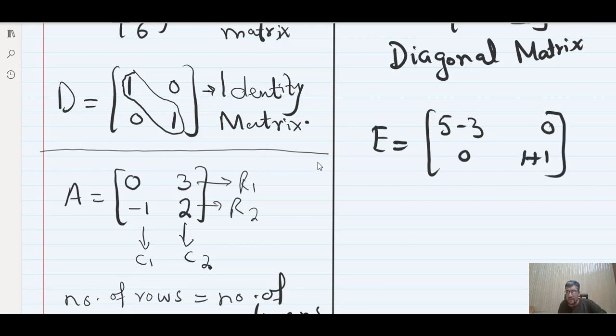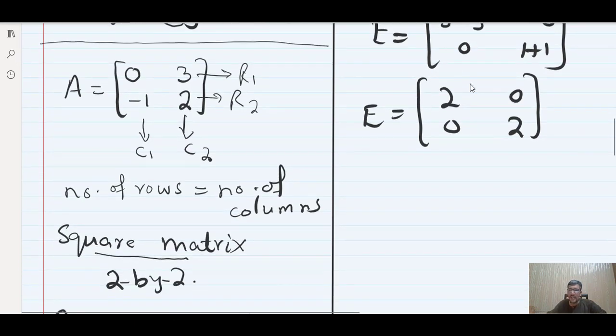Now we have to solve this. First of all, 5 minus 3 gives you 2, 0 0, 1 plus 1 is 2. So if you see, all the diagonal values are the same. There are two values, 2, one value is this, one value is this. So it is again your scalar matrix.